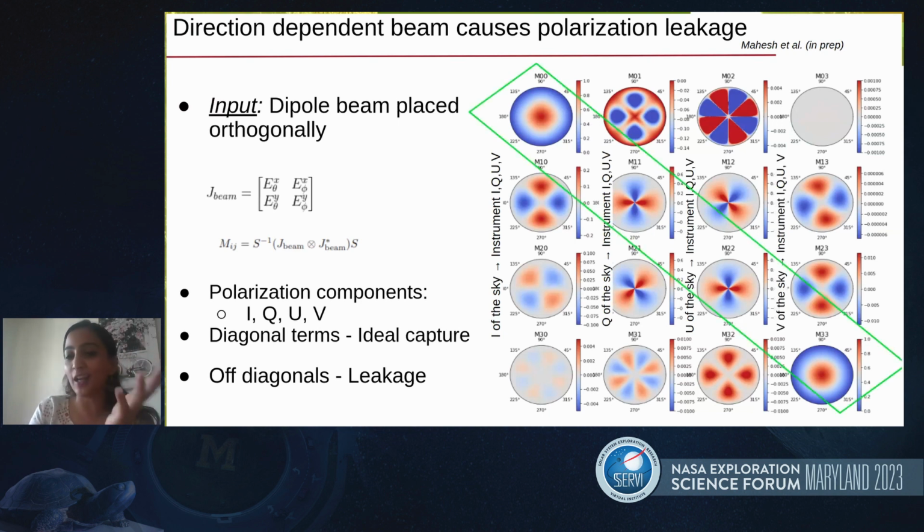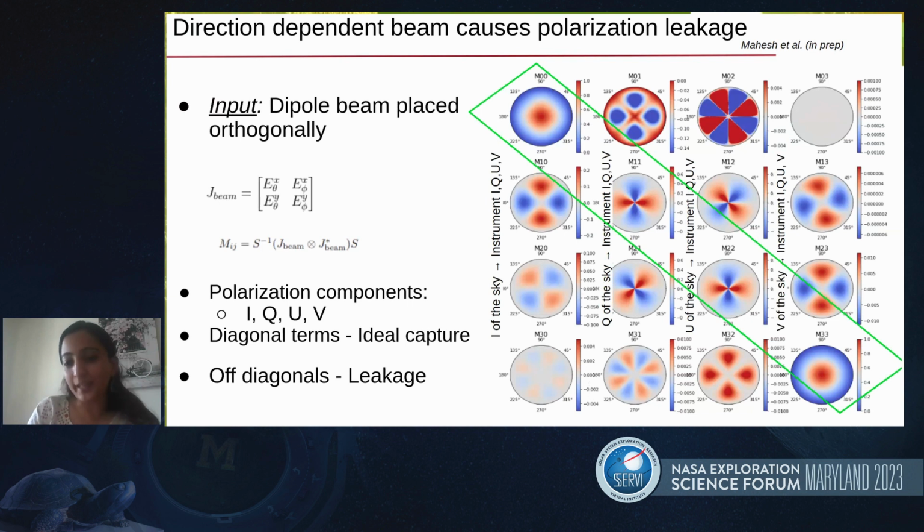That is, Stokes I of the sky should be picked up into Stokes I of the instrument, Q into Q, U into U, and V into V. But we do see non-zero terms in the off-diagonal matrices, but they're small. Now, this happens because of the beam. Because of the dipole beam, you will see polarization leakage.